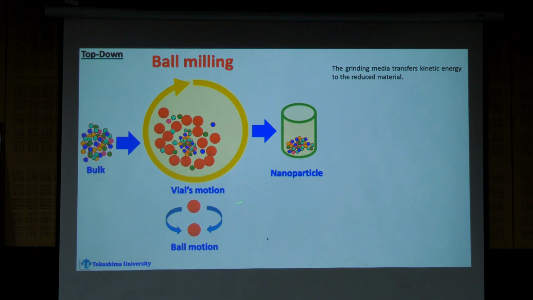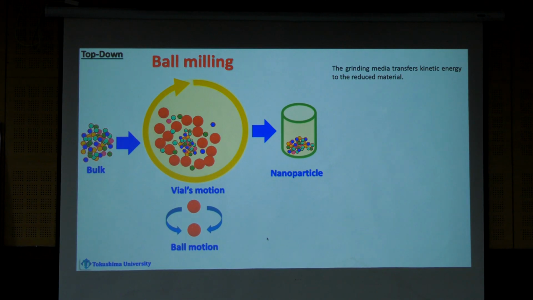Basically, when you move this ball, the ball crushes or grinds the bulk structure. Think of any movement: if you are standing, there is no energy, but when you move, you have certain energy.